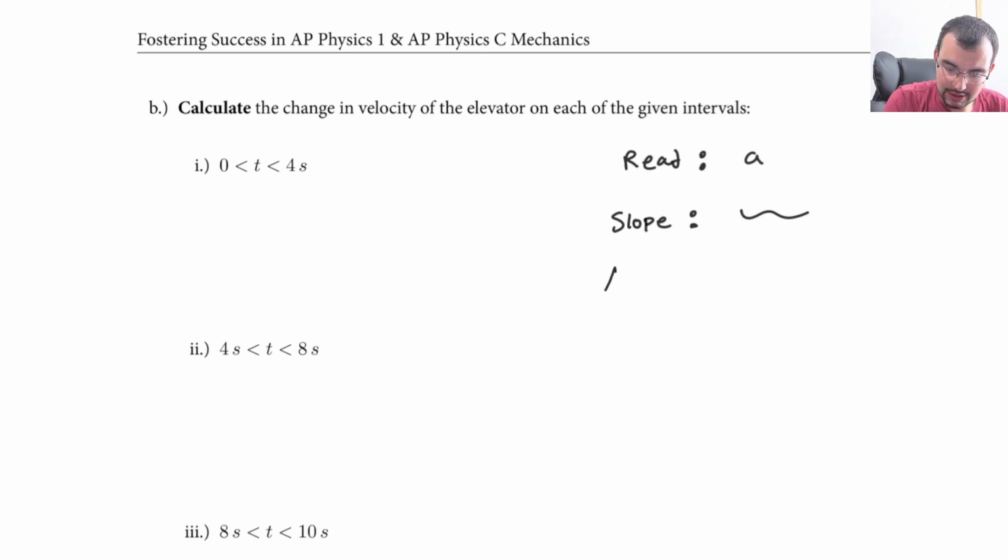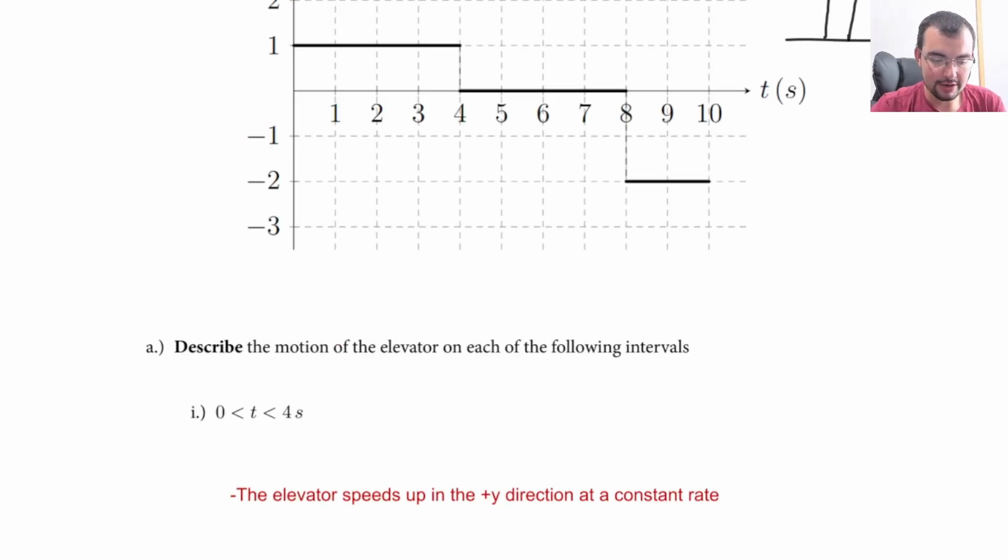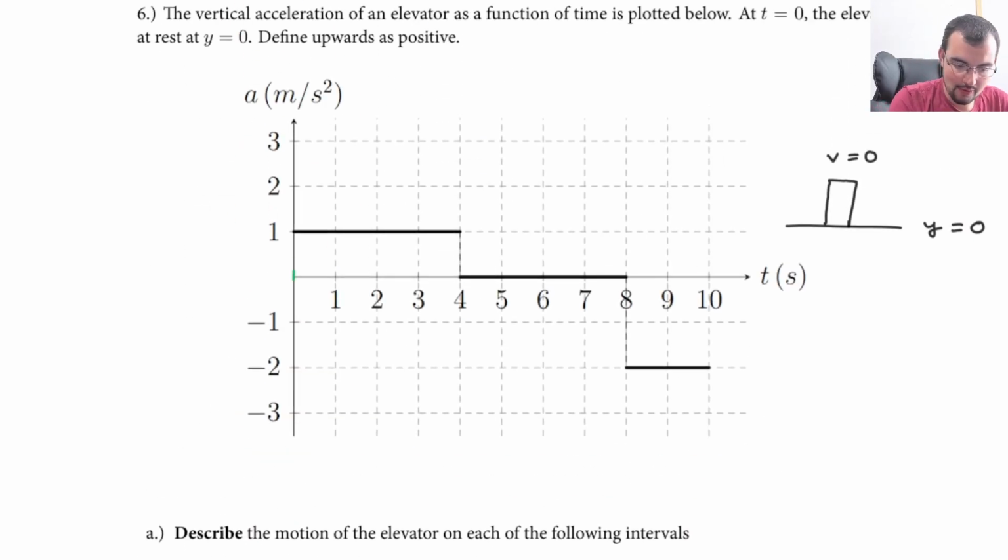And then if I do the area, I get delta v. So that's what I want. I want the area in each of these cases. So area from 0 to 4. This is just a 4x1 rectangle. Then I have a 0x4 rectangle. And then I have a negative 2x2.